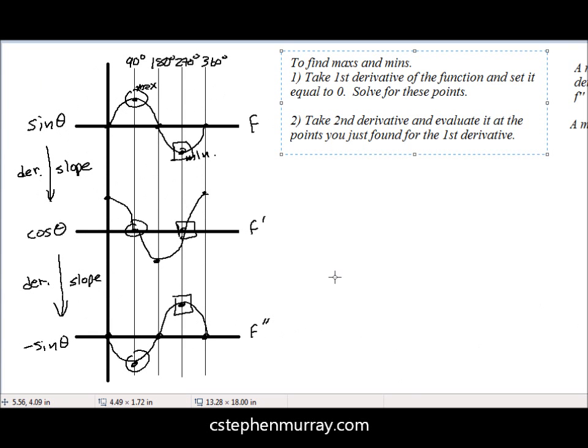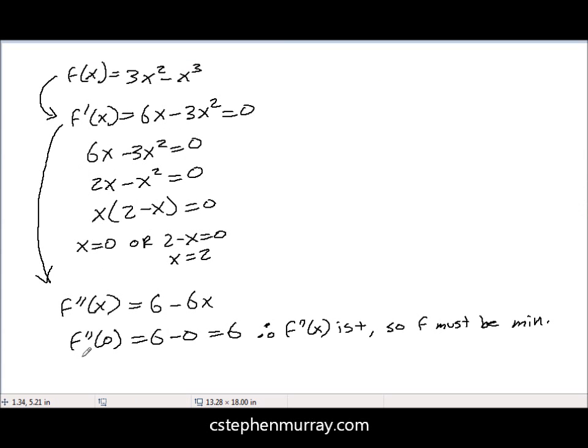Okay, let's look once again. We found a positive value, which means it must be a minimum. So let's evaluate f double prime of 2, which equals 6 minus 12 equals negative 6. Therefore, f at 2 is a maximum.